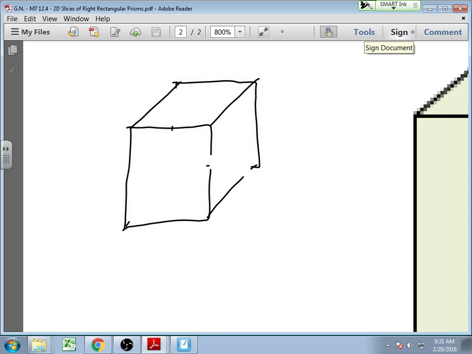Cannot see those. Now, it will also help your brain if you just erase everything that you can't see. Now your brain should be much happier to say, oh, it's a cube. Okay. And then, if I draw these lines dotted, my brain likes that better because I know what's in front.